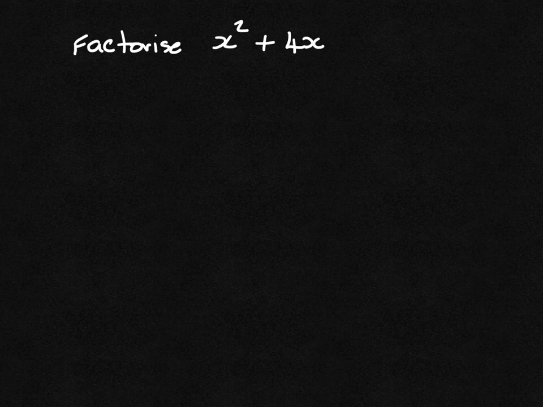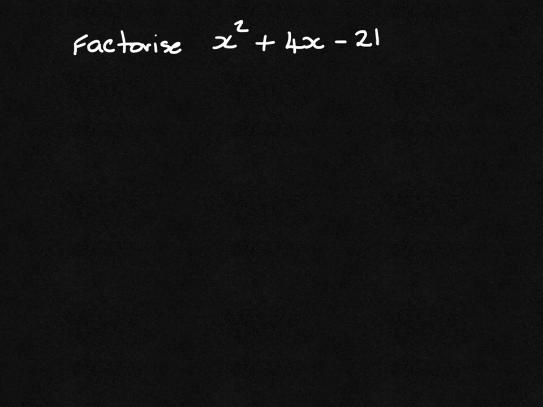On this page, we're just going to do some other examples. So we've been asked to factorize x squared plus 4x minus 21.